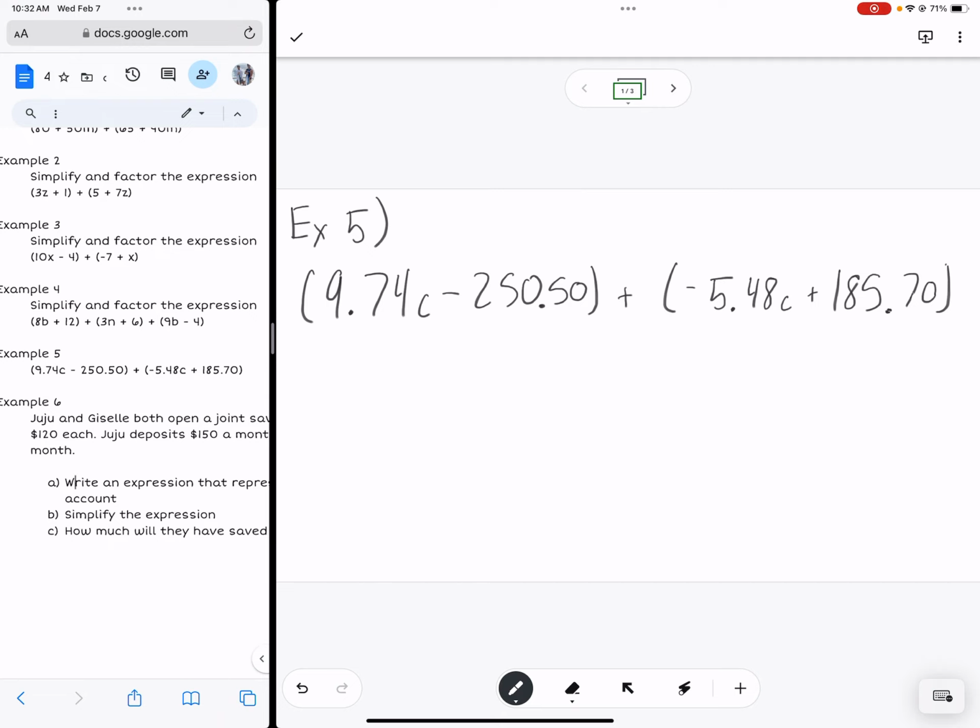Can you factor this? I wish I looked at my book. I take a lot of the problems from the book.